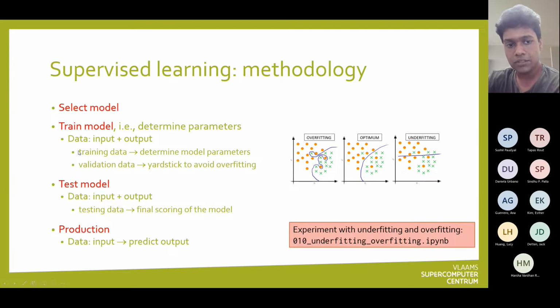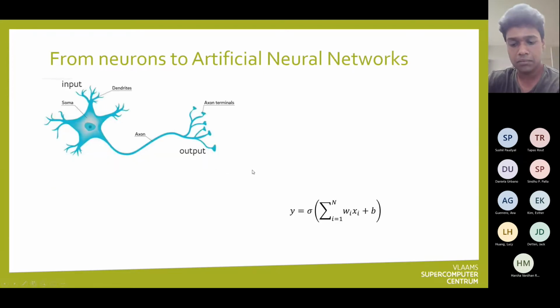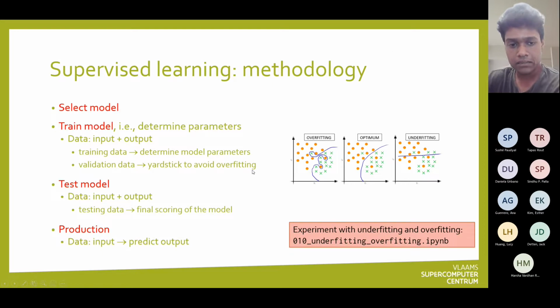You have a bunch of training data, which you will use to determine your model parameters. By model parameters, I mean that for any machine learning algorithm you plan to use, by using training data you decide what the parameters of the model will be.